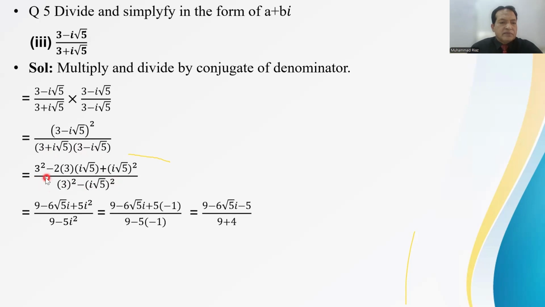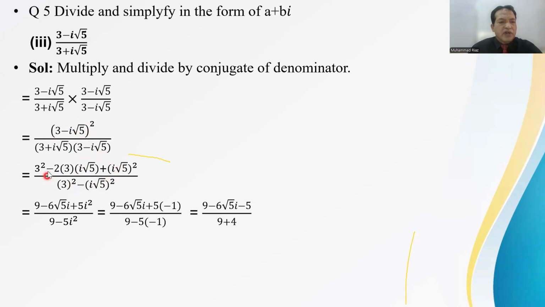And the numerator, 3 minus iota under root 5 whole square, is equal to 3 square, the first value squared, minus 2ab, twice the first value 3 into the second value iota under root 5, plus the square of the second value, iota under root 5 whole square.